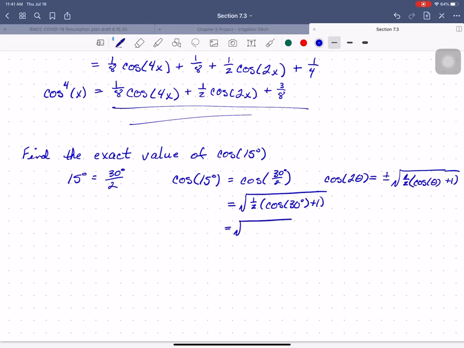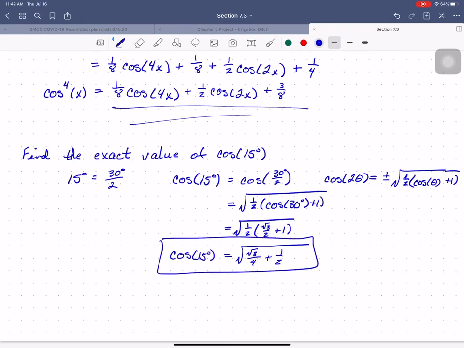The cosine of 30 degrees is root 3 over 2, which means that what we really have here is the square root of root 3 over 4 plus 1/2. And that is the exact value of the cosine of 15 degrees. It's a little bit ugly because I've got a square root inside a square root, but that is perfectly legitimate. And that is the answer to this question.